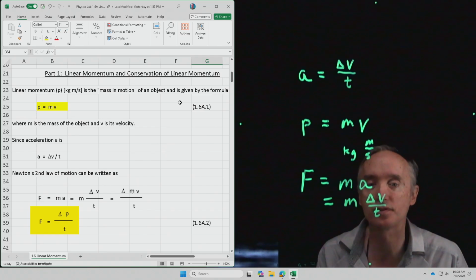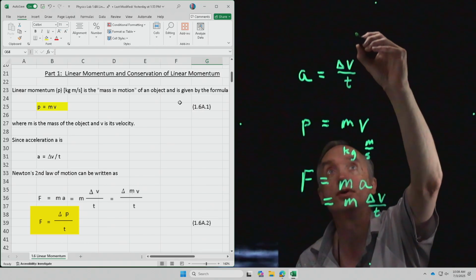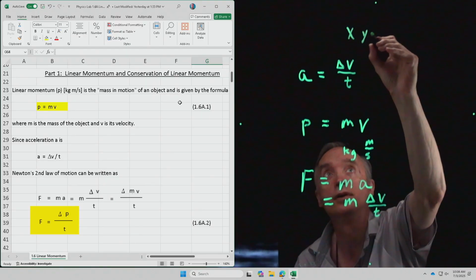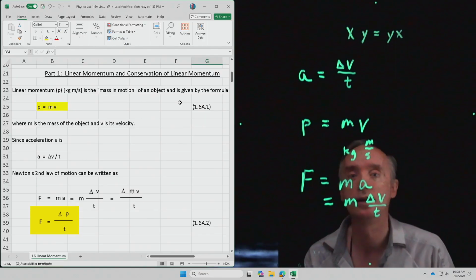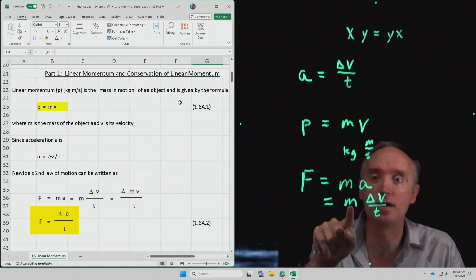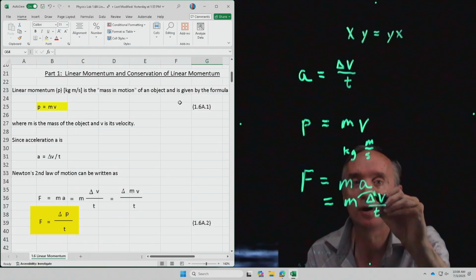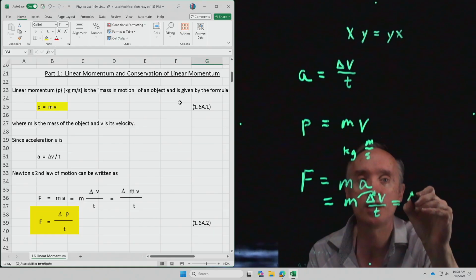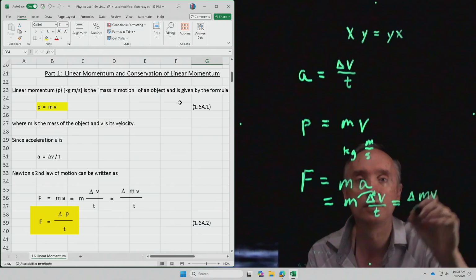Okay, then you should know something about algebra, so that, for example, if you've got x times y, that's the same thing as y times x. So what we can do is take this m and put it over here. So then this is going to be equal to the change in mv over t.